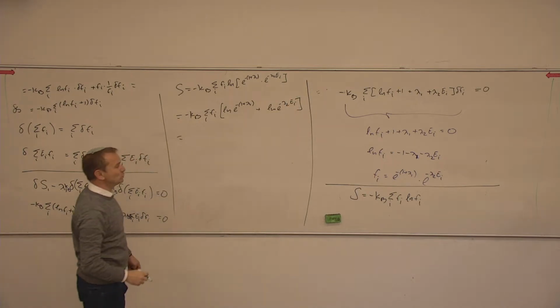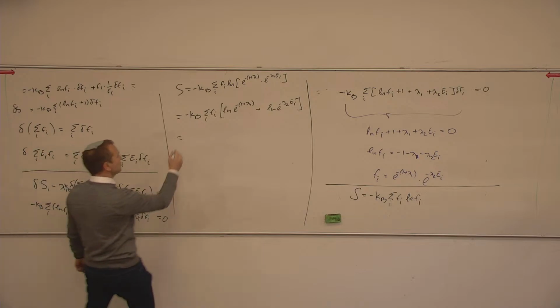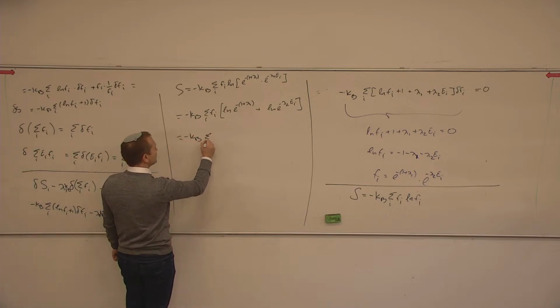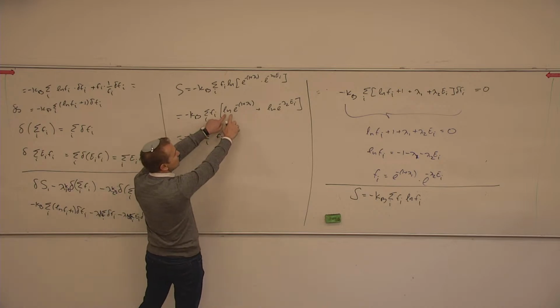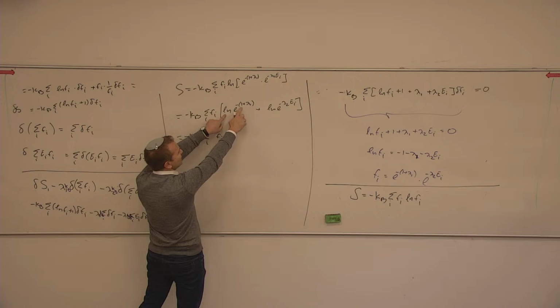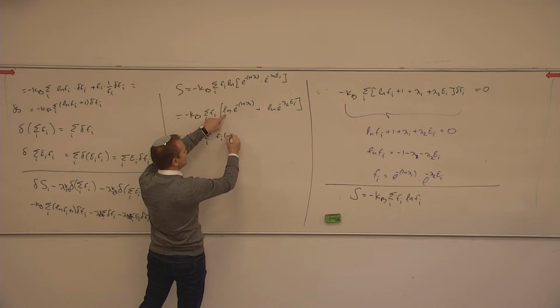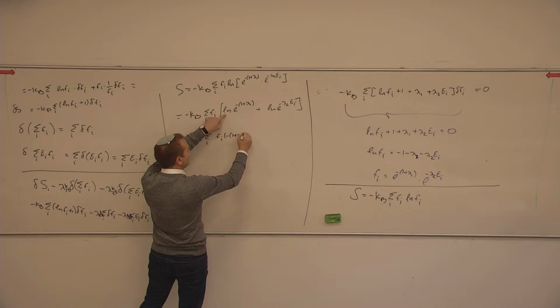Let's separate those logarithms and separate this sum. Instead of saying it's a log of e to the power minus (1 plus lambda 1), I just write down minus (1 plus lambda 1).